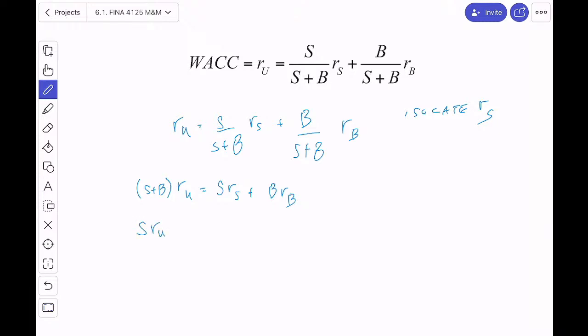I'm going to do it the long way. Are you with me still? And I want to solve for RS.